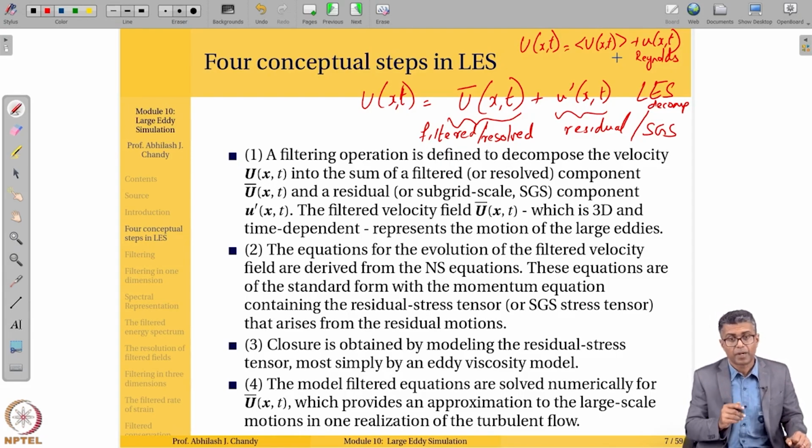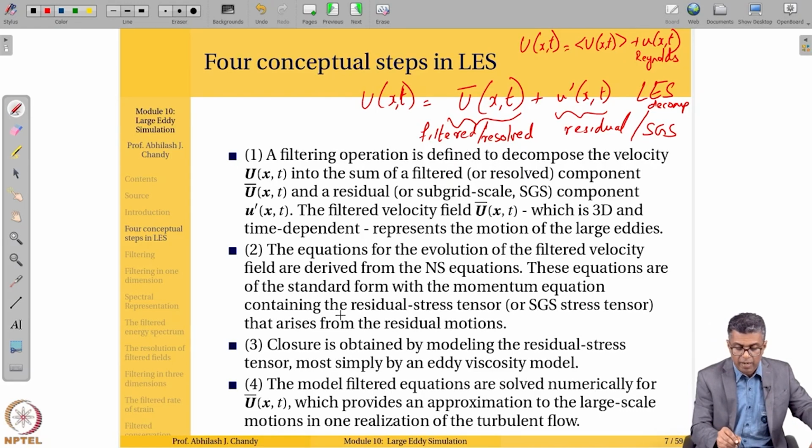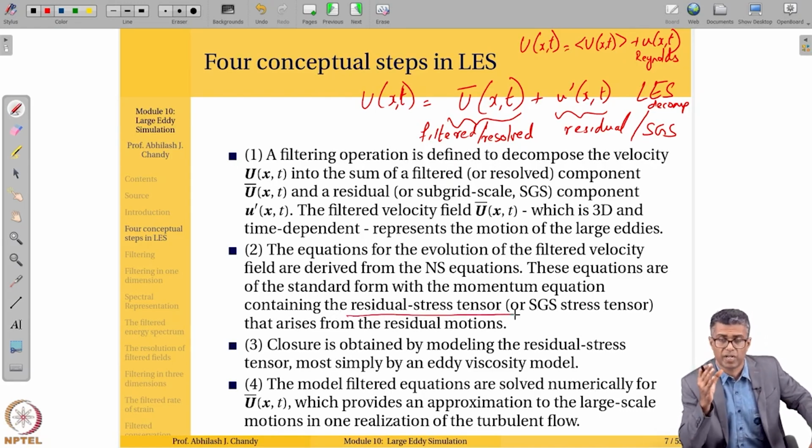Second point, second step. The equations for the evolution of the filtered velocity field are then derived from the Navier-Stokes equations. Once you define the filtering operation, you derive the filtered Navier-Stokes equations by filtering out the Navier-Stokes equations, isn't it? These equations again are the standard form with the momentum equation containing what we call the residual stress tensor.